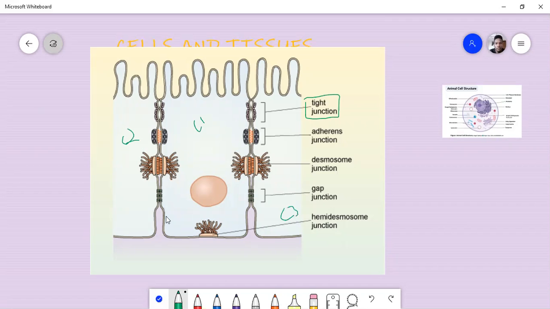And this is your membrane. You can see that it's a phospholipid bilayer, not bilipid. So these are your junctions. So they have what? They have connexons.